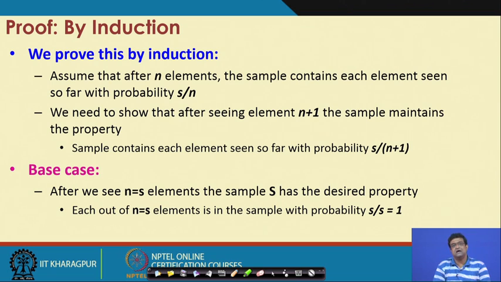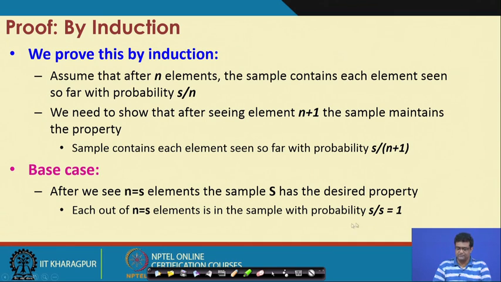That is, now the sample contains each element seen so far with probability s by n plus 1. Now, the base case is when, as we have already discussed, n is equal to s. So, if n is equal to s, we know that we have stored each element with probability 1. So, the base case holds.